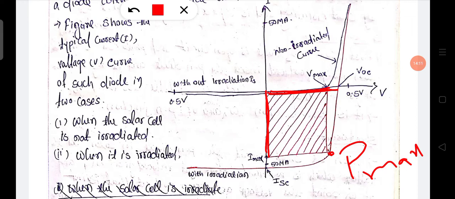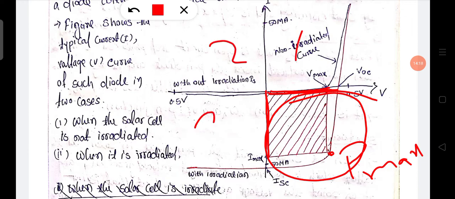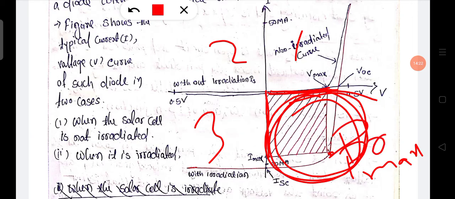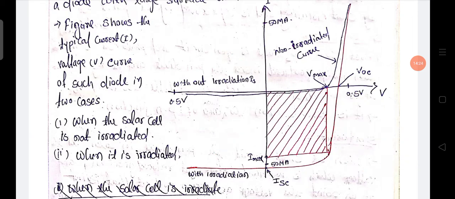In the fourth quadrant of the IV characteristic, this is first, second, third and fourth, we get P max, the maximum power of the solar cell.